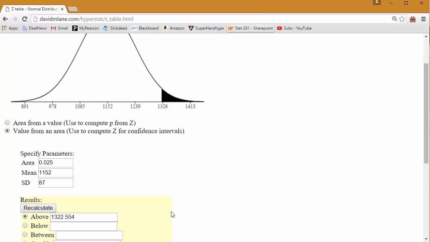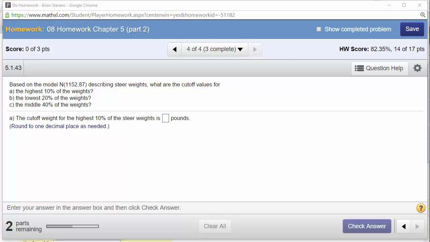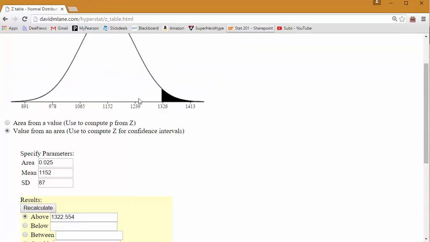Let's take a look. The highest 10% and lowest 20. So the highest 10% is going to be somewhere in between here, because this is the highest 16 and this is the highest 2.5. And I can find it a lot of ways. I can put in 10% right here. And I can also realize that the highest 10% is the 90th percentile and do this.